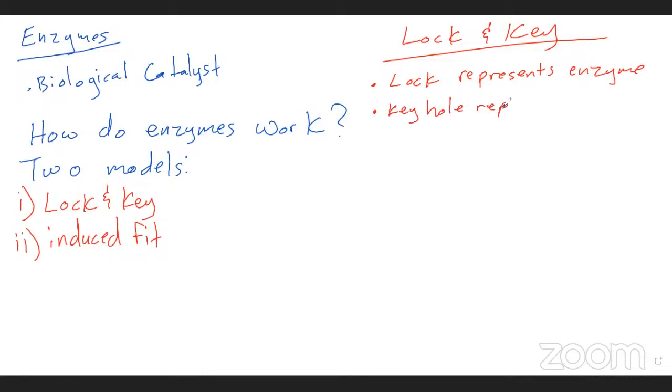So the lock is the enzyme, the keyhole represents the active site, and the key represents the substrate.